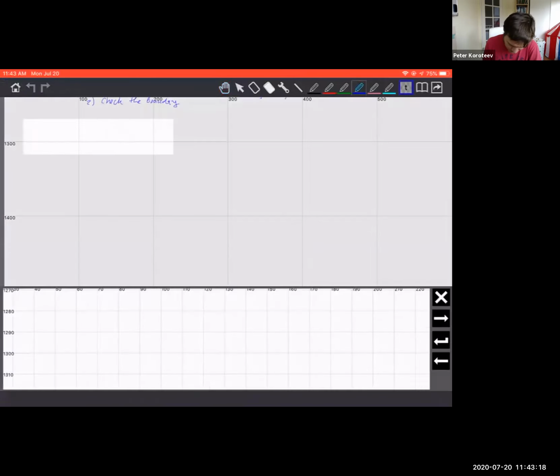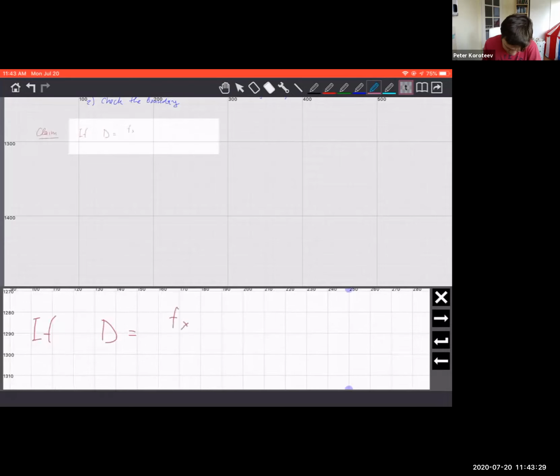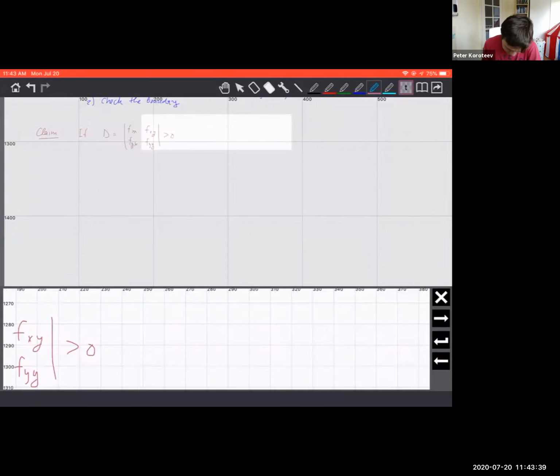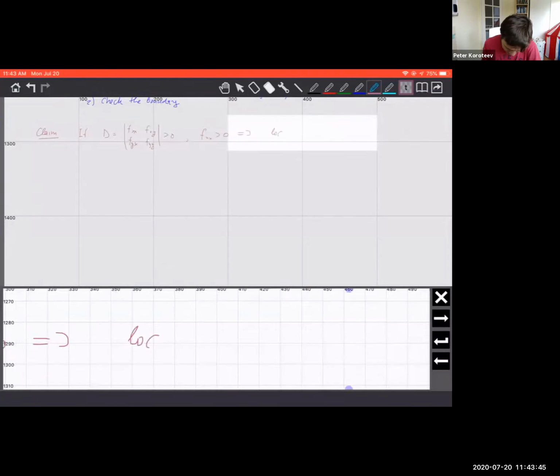So remember, we have this claim that if D, which is the determinant of fxx, fxy, fyx, fyy, is positive, and fxx is positive, then we have a local minimum.